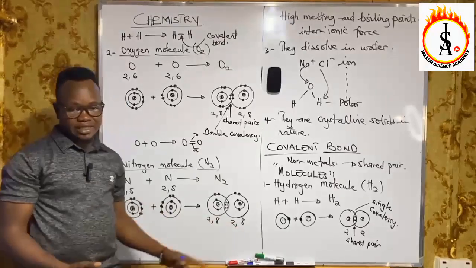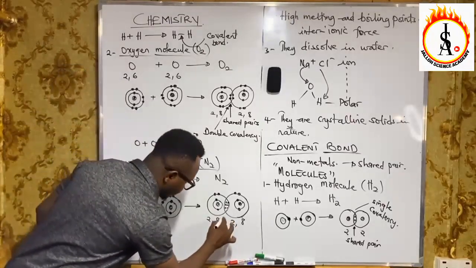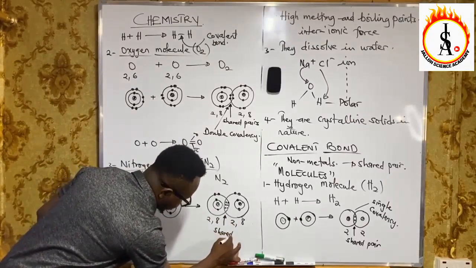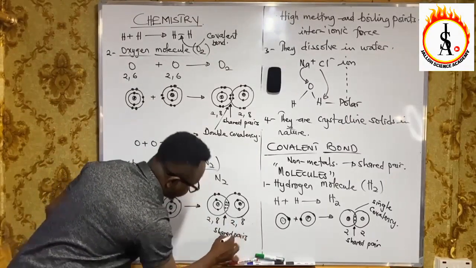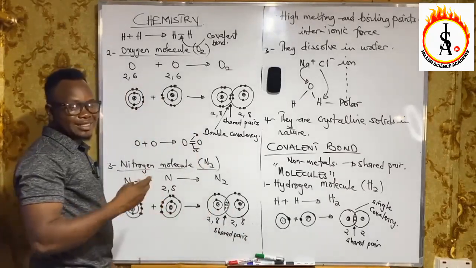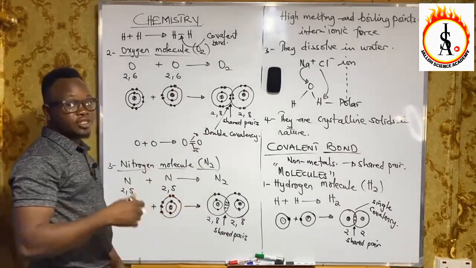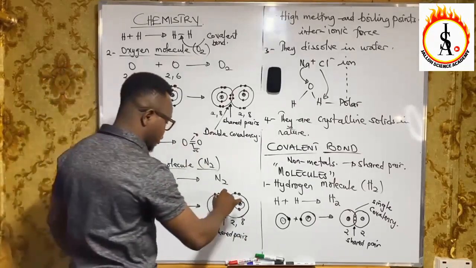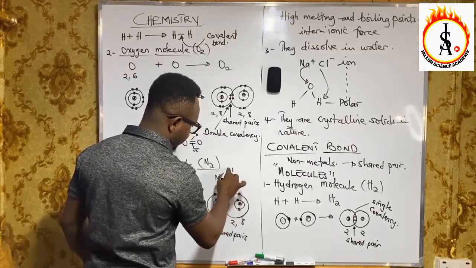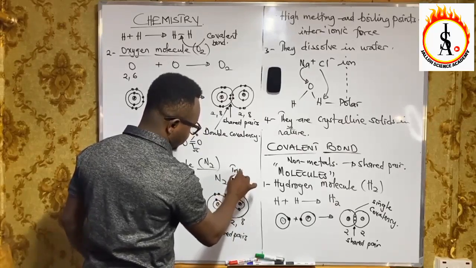So both of them have attained configuration of neon, and you find out that they are shared pairs here. They are shared pairs. And in this case, it is 3 electrons that each of the reactant species contributed to form this bond.